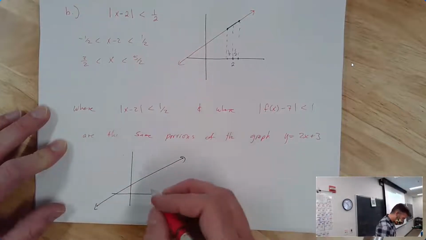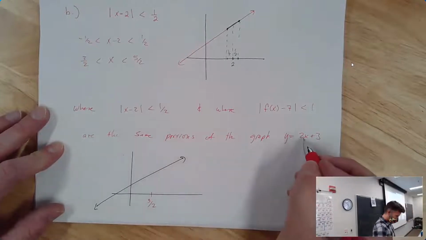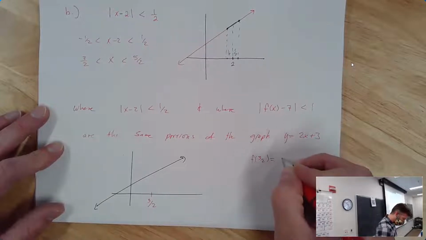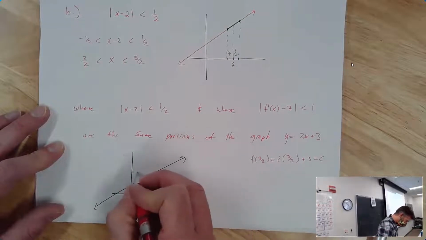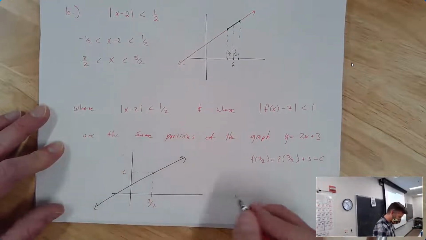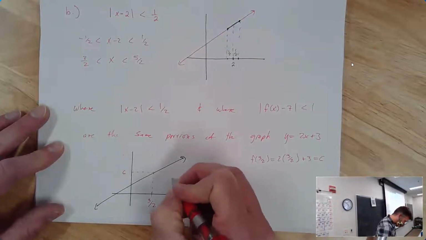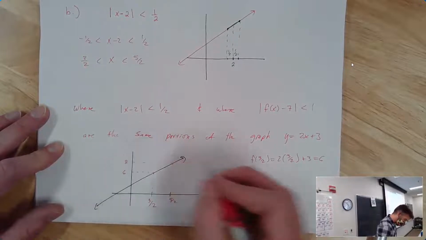If x is 3/2, well, 2 times 3/2 is going to be 3, plus 3, which is 6. So that point there really does correspond to that y value there. And similarly, if x is 5/2, that's going to correspond to the y value being 8.